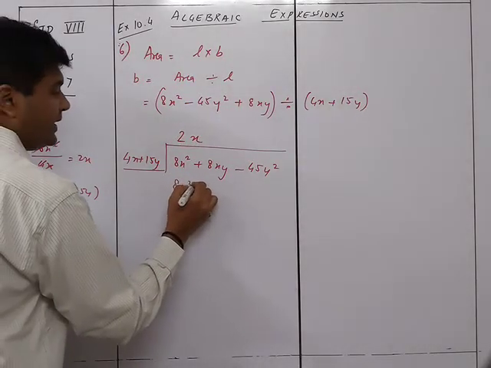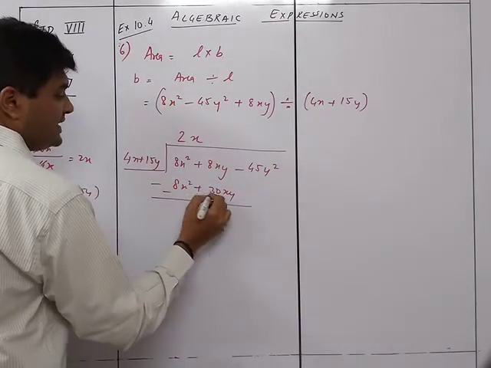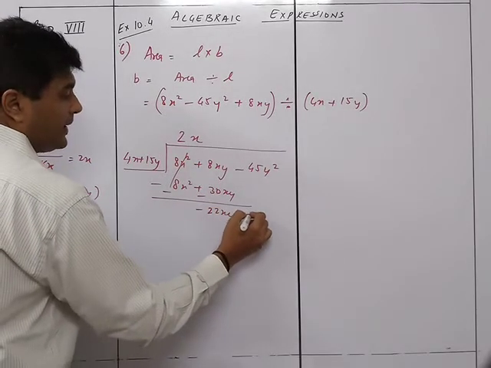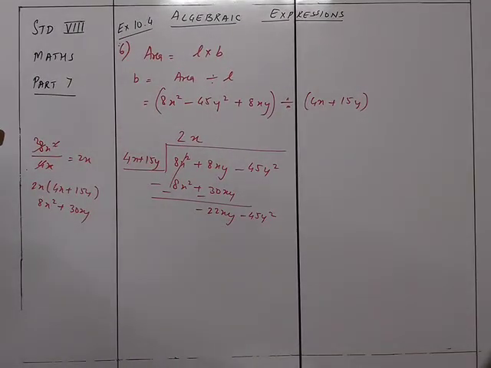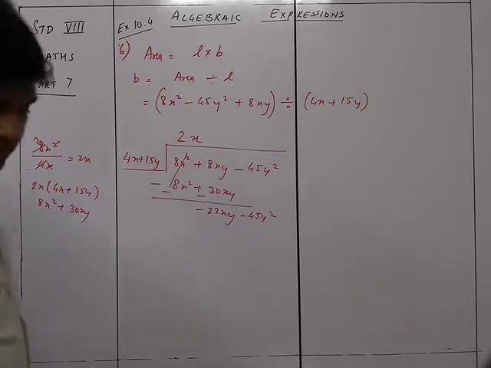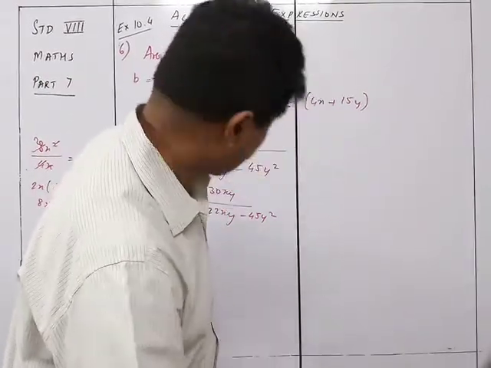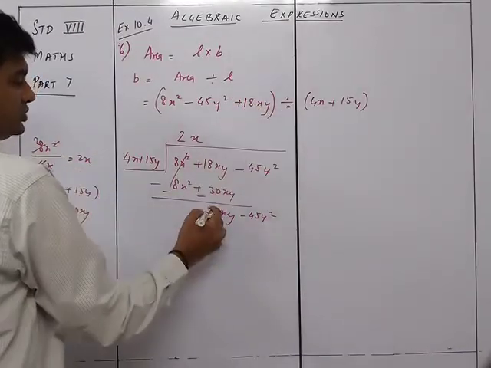Subtraction, signs change, minus 22xy minus 45y square. Am I correct? Let me check. Something seems wrong. Plus 18, yeah, that's right. This is 18, this is 18. So this will be 12.